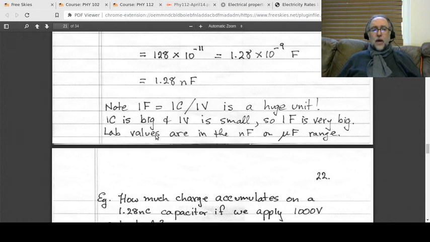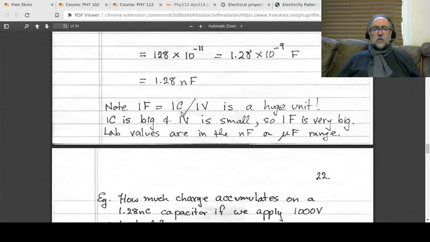Let's think why. A farad is going to be 1 coulomb of charge accumulating for every volt. A coulomb, you remember, is big. In a lab, you're working in millicoulombs, and now we're talking a coulomb, which is a thousand times bigger. And a volt is really small. You can easily produce hundreds of volts in the lab, even thousands of volts.